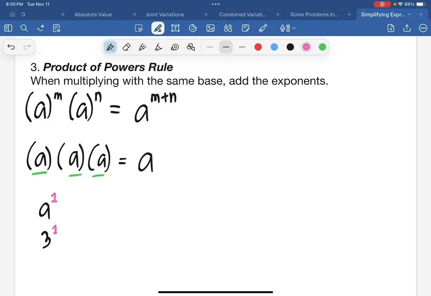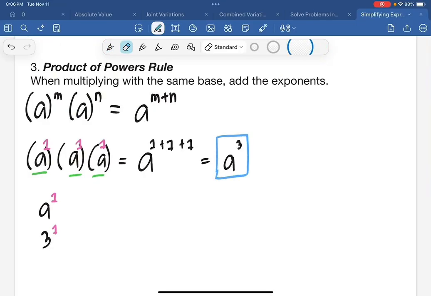They're just invisible. So even though you can't see the exponents here, just remember that there is an exponent 1. So all you need to do is add them: 1 plus 1 plus 1. So you get a, and 1 plus 1 plus 1 is 3. That's why you get a cubed.